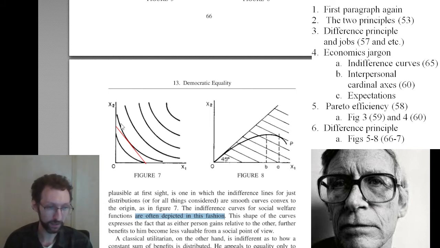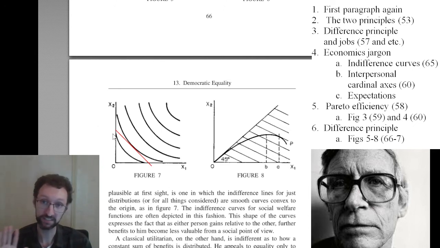Now, before we look at this curvy line, let's look at this straight line that I've drawn. This straight line is what a utilitarian would draw. What does the straight line depict? Well, let's say this is 5 up here, and this is 5 down here. So this is a 45-degree angle, like this.